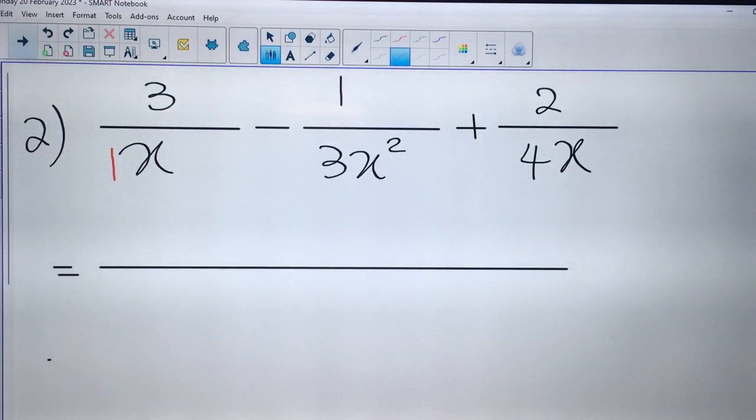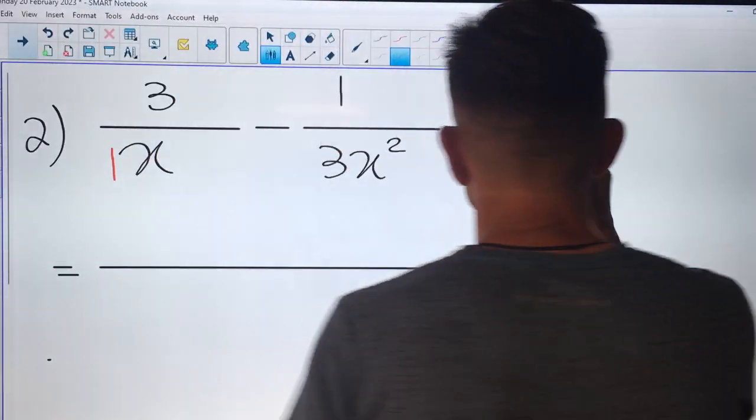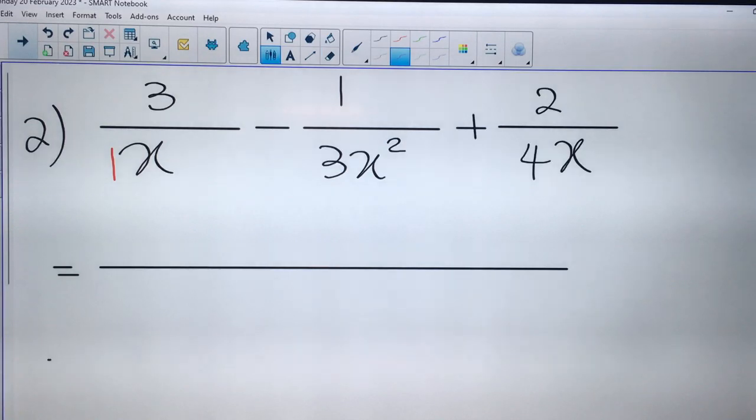What is the smallest number that 3 and 4 can both divide into? That means, what is the smallest multiple of 3 and 4? The lowest common multiple.